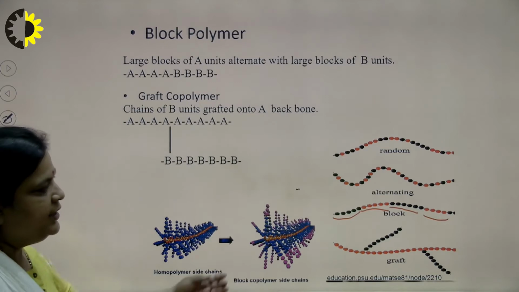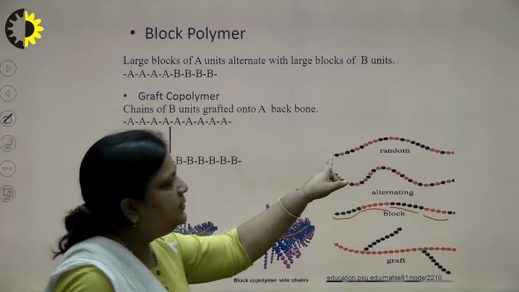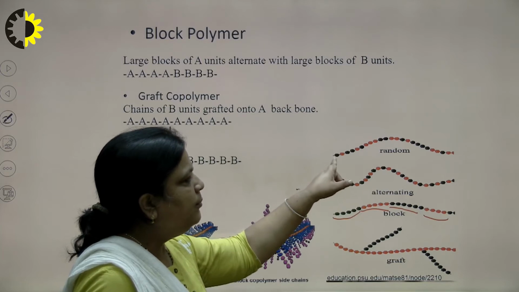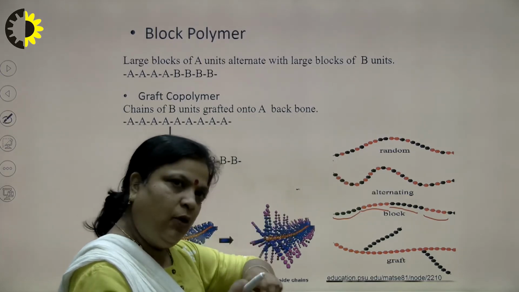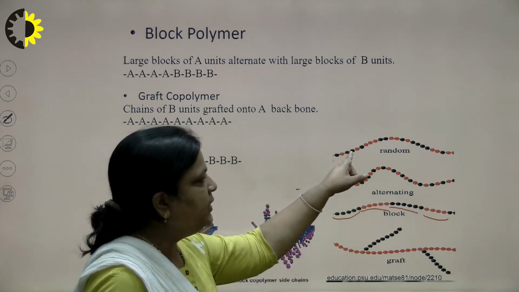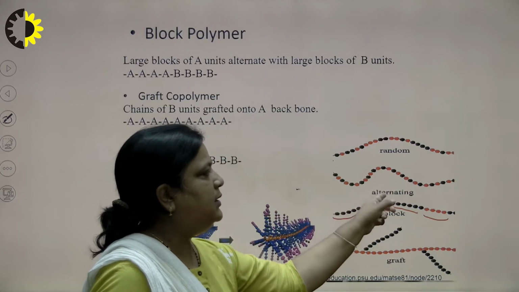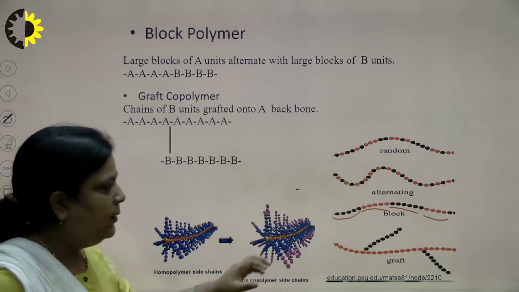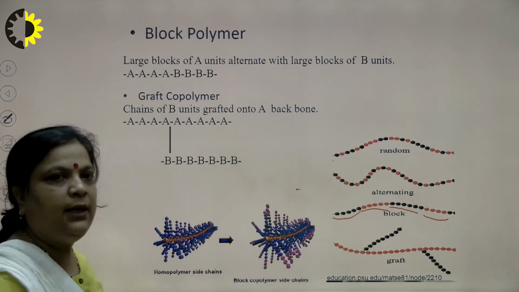This type of arrangement is called block copolymer. And here we see that random means black, then red, then black. If it is alternate, then red should be there, but it is not. So, it is random, and if it is in an alternating manner, then it is alternate. Block means a group of A, then a group of B, then A, then B.